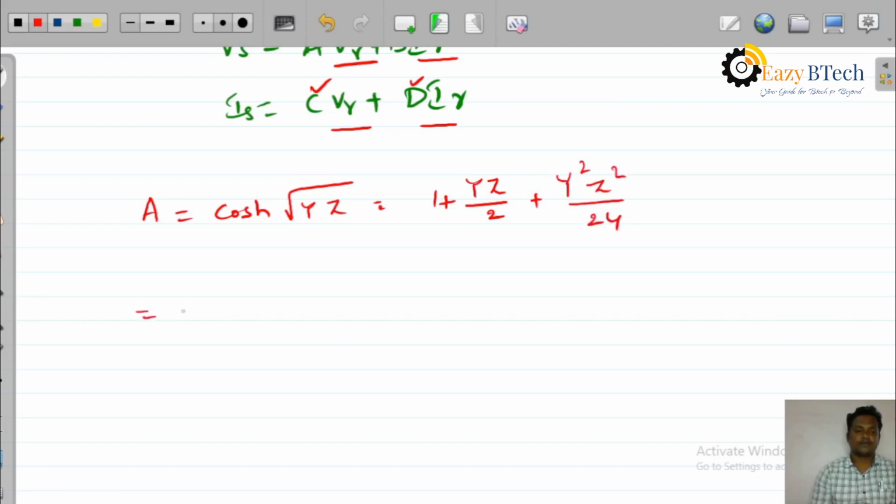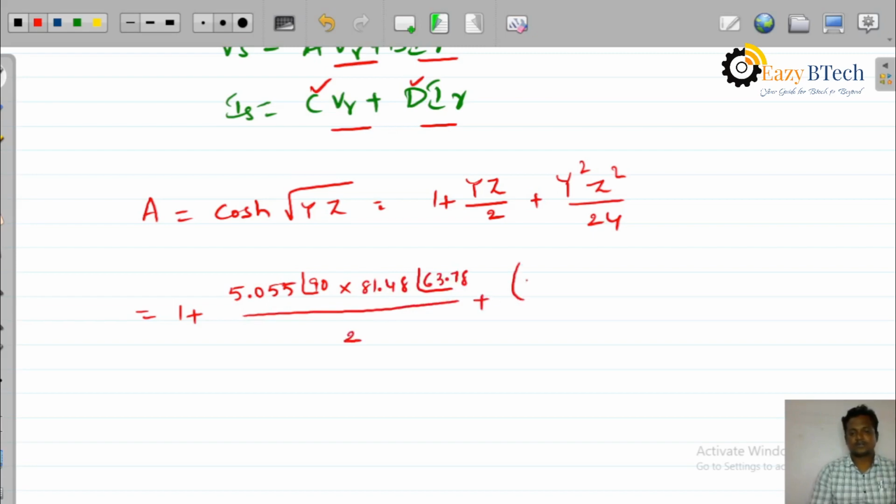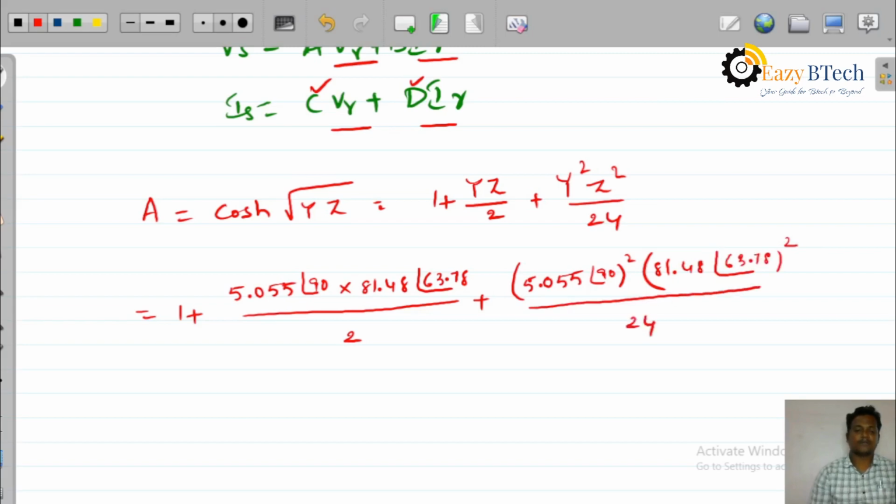Therefore, 1 plus Y, 5.055 at an angle 90, into Z, 81.48 at an angle 63.78, divided by 2, plus (5.055 at an angle 90) squared into (81.48 at an angle 63.78) squared, divided by 24.